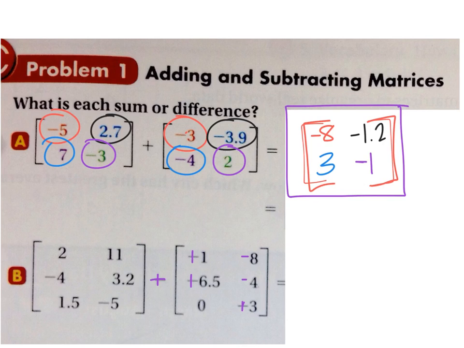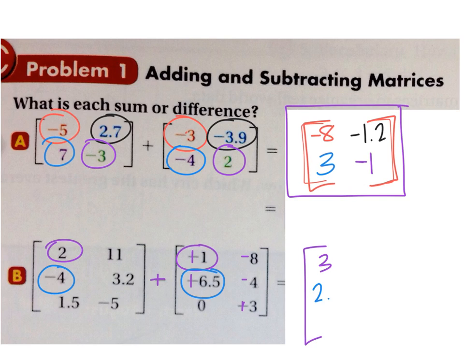So 2 plus 1 is 3. And then -4 plus +6.5 is 2.5. And then 1.5 plus 0 is 1.5. And then 11 plus -8 is 3.